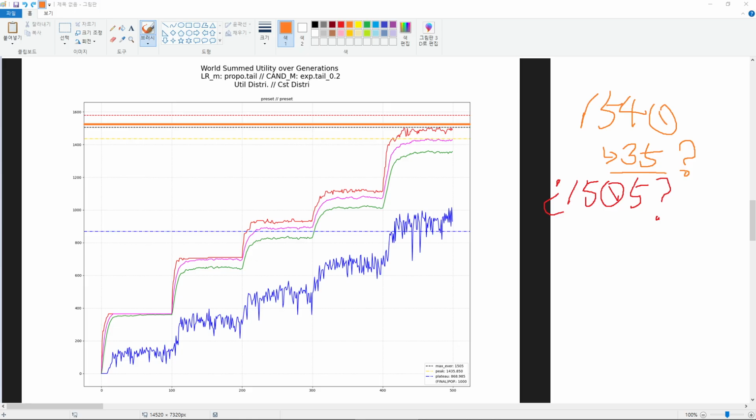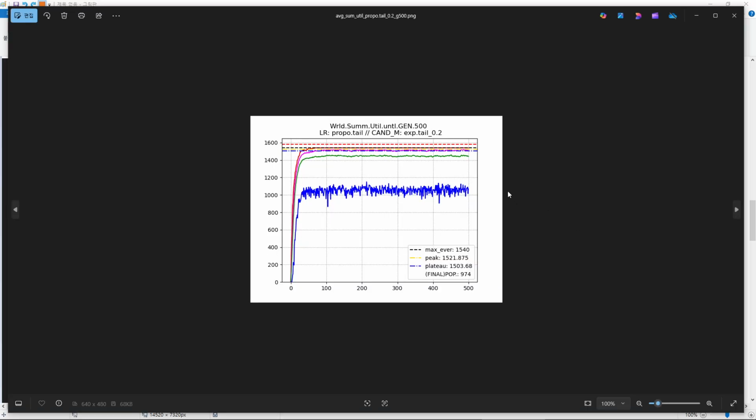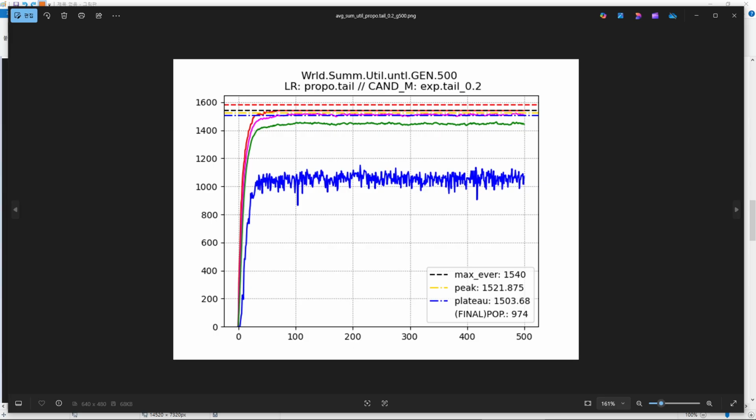So, for example, where is it? Proper tail 02. So, it's not like, no, this isn't good. I want this one.